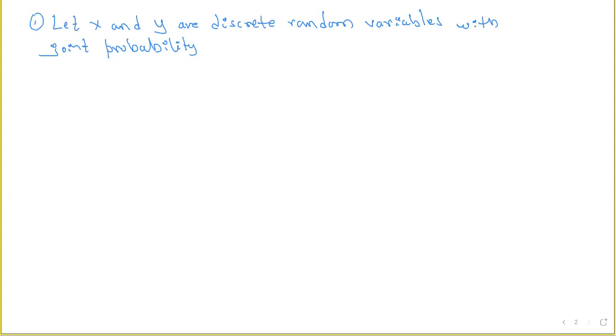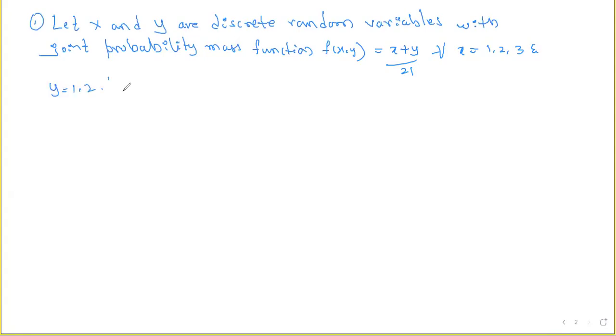with joint probability mass function f of x comma y is equal to x plus y divided by 21 for all x equal to 1 comma 2 comma 3 and y equal to 1 comma 2.